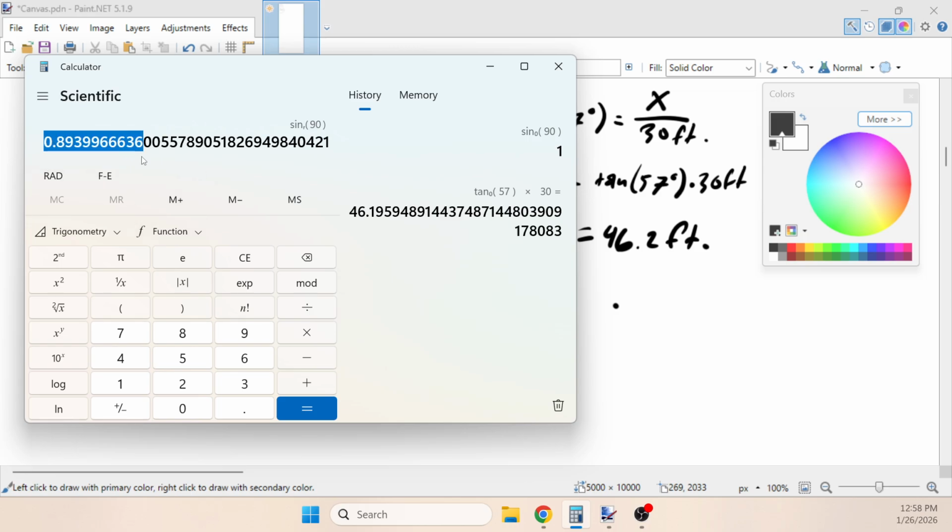I do this check with every new calculator that I'm unfamiliar with. If I'm going to be using a trig function on a calculator and I have not used this calculator before, I will type in sine of 90 to figure out, is it in degrees or is it in radians? And then I'll do my math appropriately. I just want you to be aware of that.